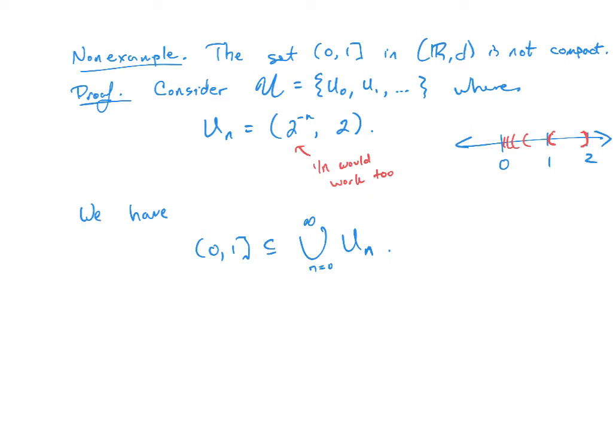For every real number greater than 0, there's some negative power of 2 that's smaller than it. Okay? So therefore, U is an open cover of our half-open interval.